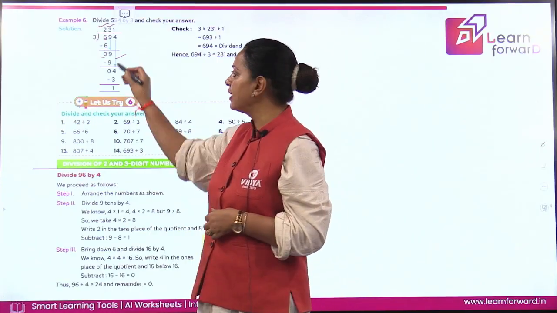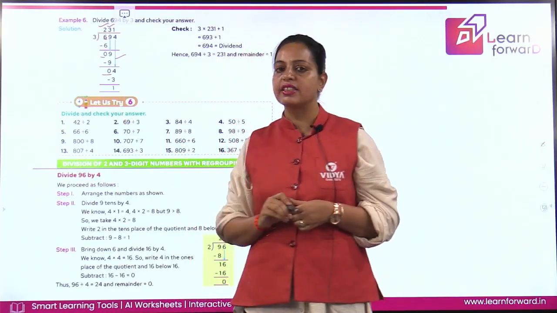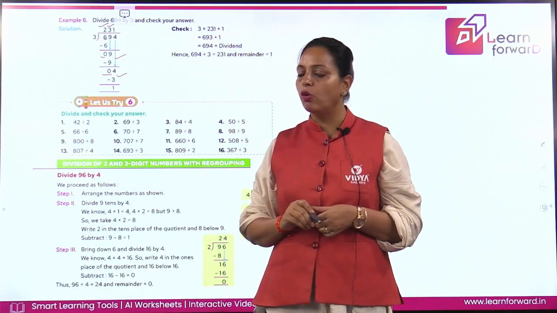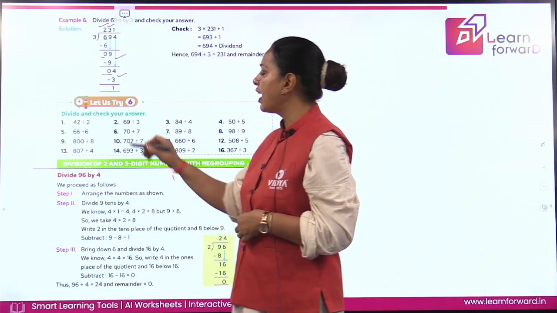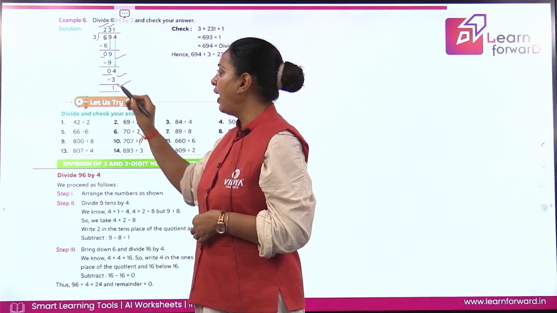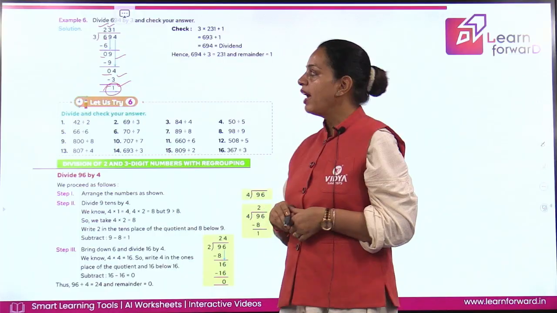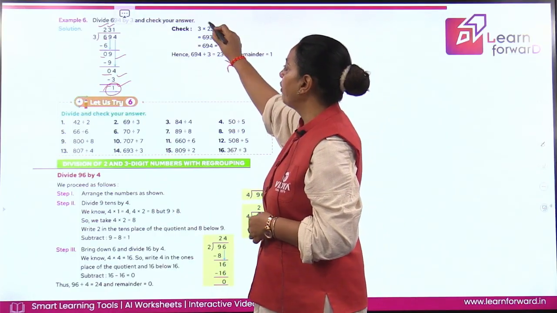Now subtract, 9 minus 9, this is 0. Now we will take the next digit, that is 4. Now 3 1s are 3, so 3 here and now we subtract, so 1 is the remainder and the quotient is 231.